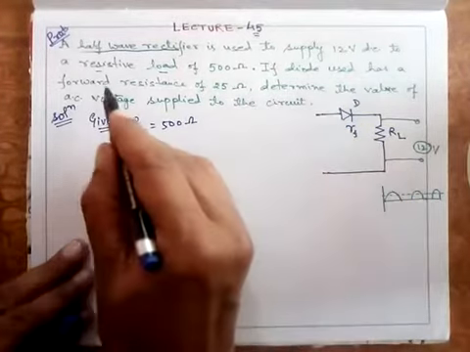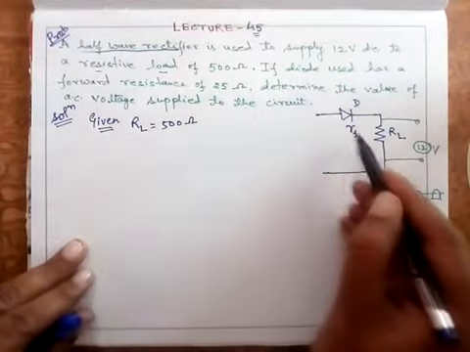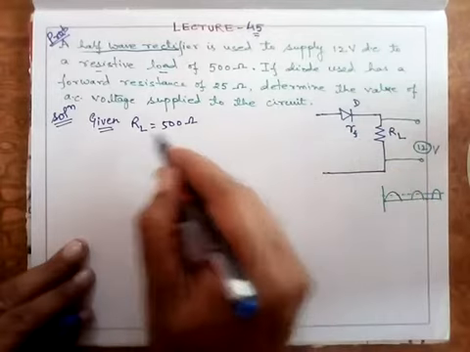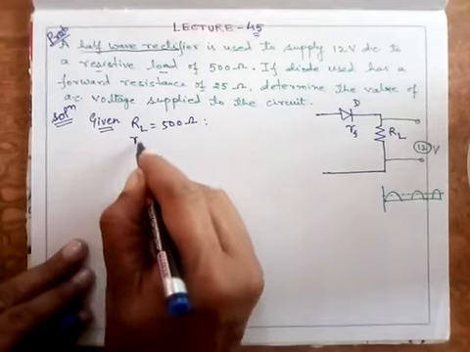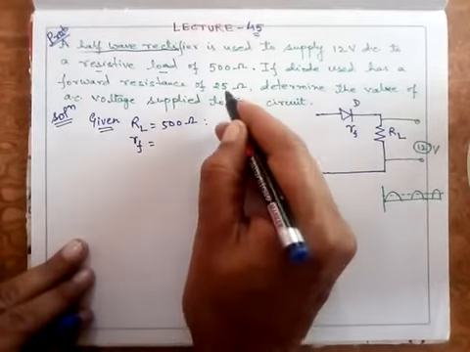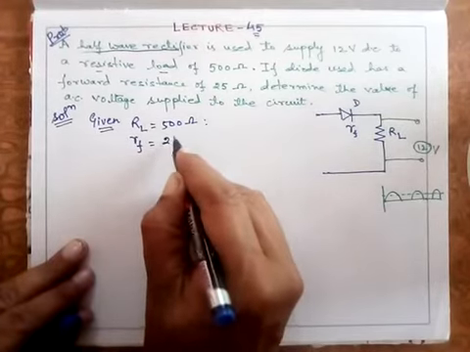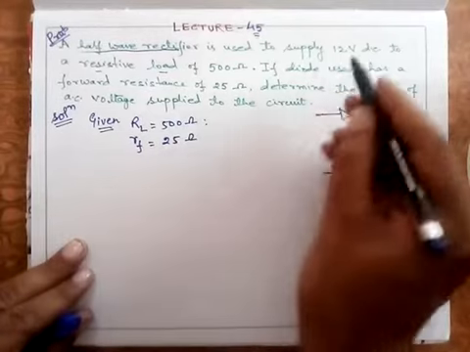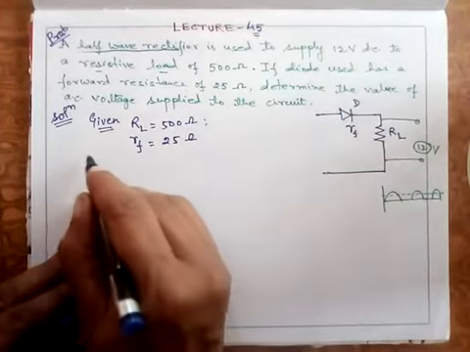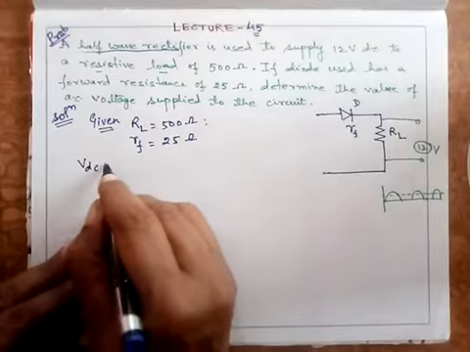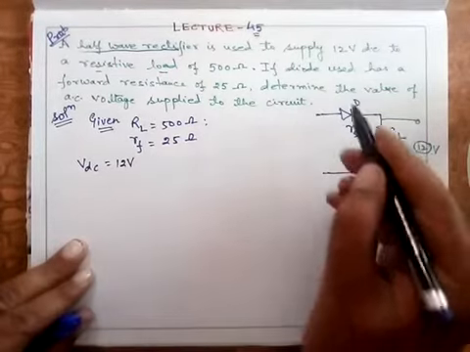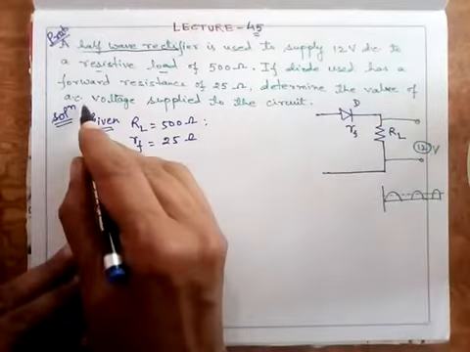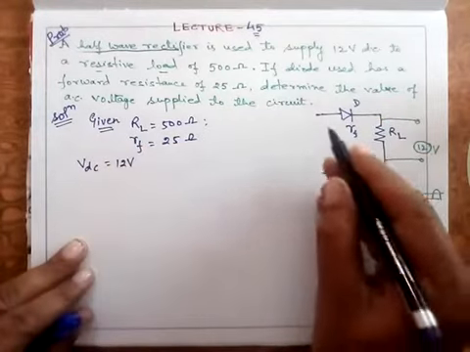If the diode used has a forward resistance of 25 ohm, that is this RF, it is given that this RF is 25 ohm, and of course this VDC is 12 volt of the rectified output. Determine the value of AC voltage supplied at this point.